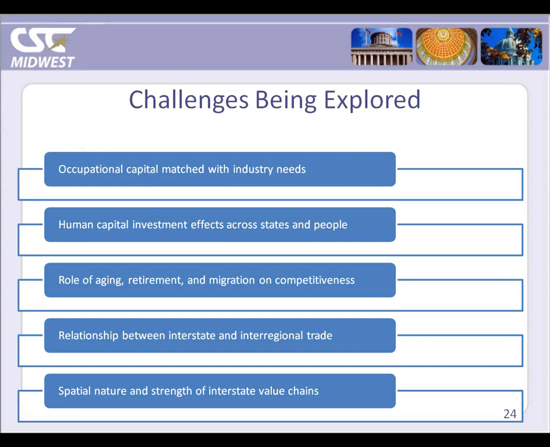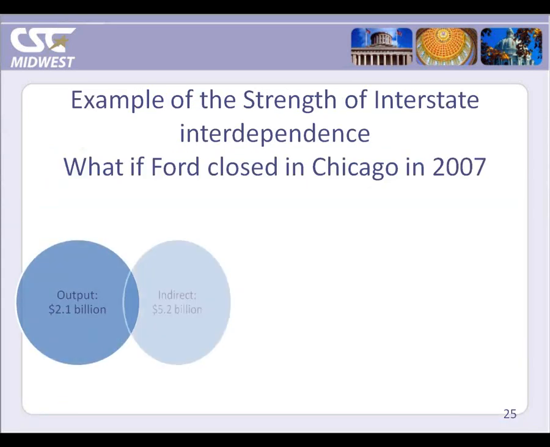Have we looked at this in a way that we can think of it strategically and build upon it? Have we tried to exploit, understand and interpret the nature and strength of these interstate value chains in a way that we can begin to ensure that they grow, that they are sustained, and that they continue to contribute to the economic welfare of our region?